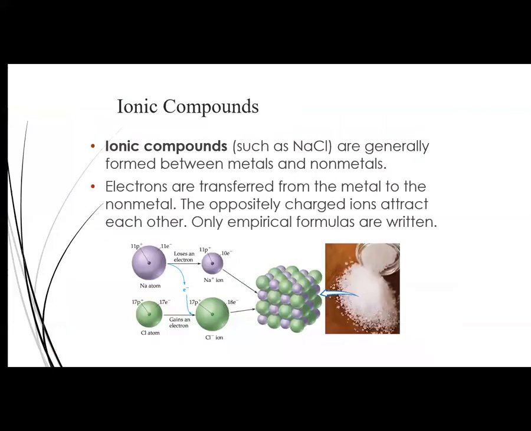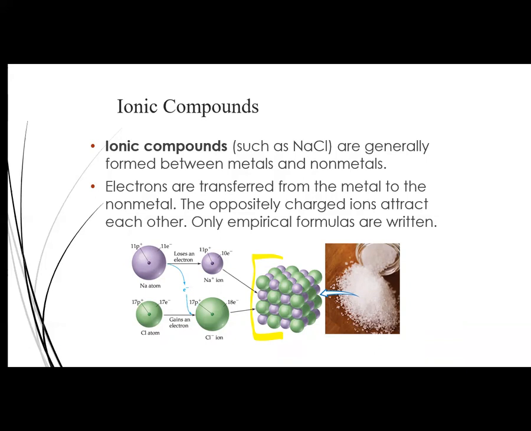So the first thing we're going to look at is ionic compounds. Now, they form generally between metals and nonmetals. And this is because we're transferring our electrons all the way across. Now, they form these giant crystals like this. So instead of forming these discrete molecules, they're really held together by these attractions between them.